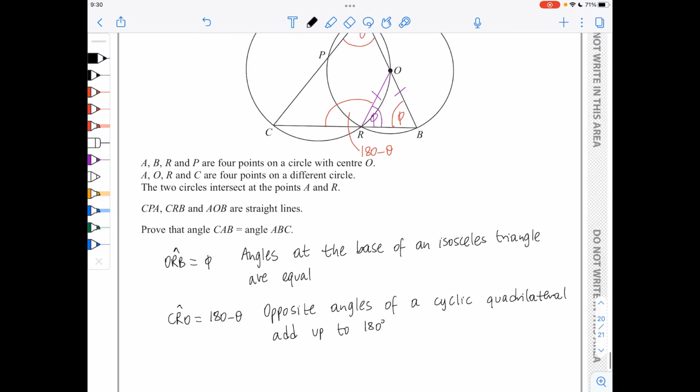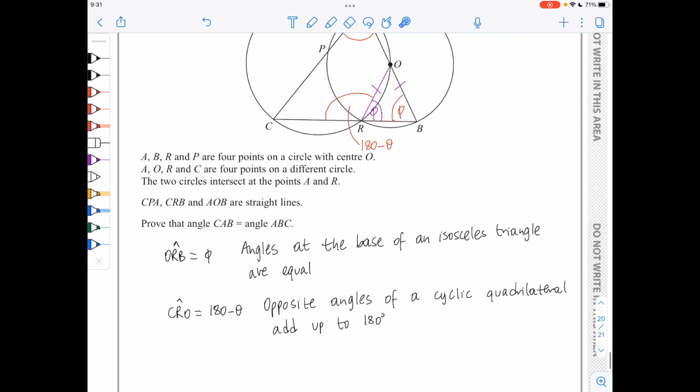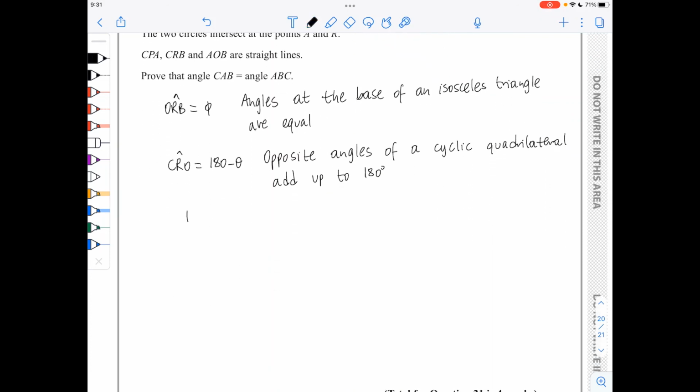And then it's obvious that this is a straight line, so 180 minus theta plus phi should be 180. Reason is angles on a straight line add up to 180 degrees.